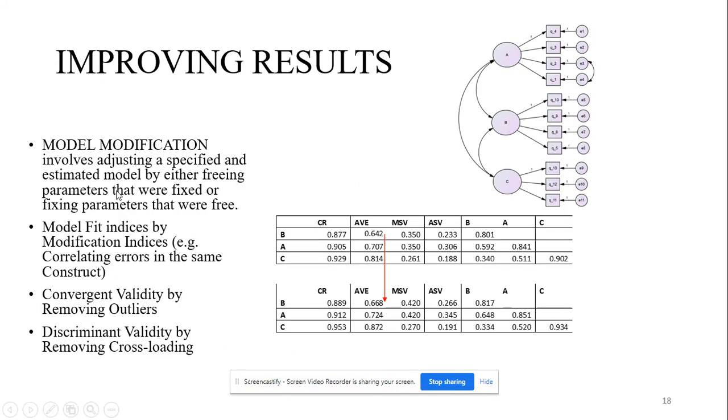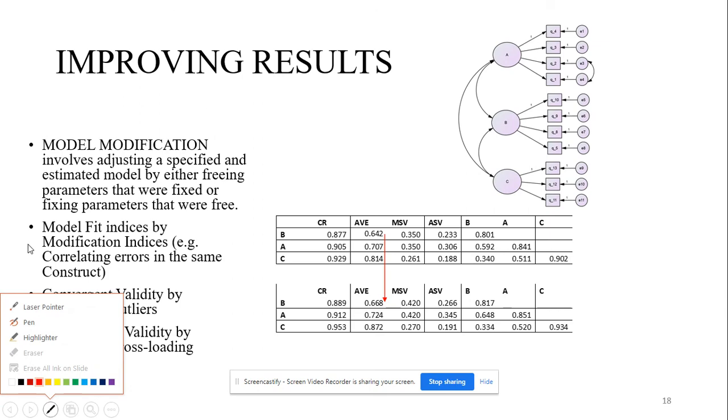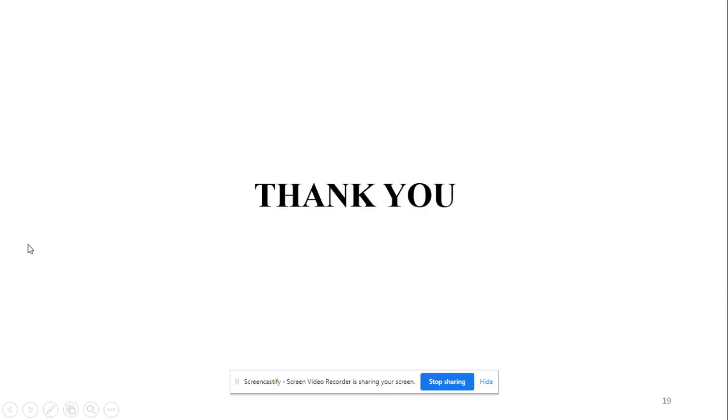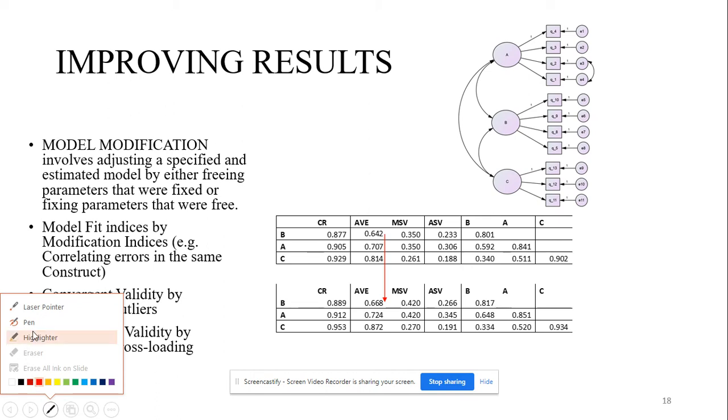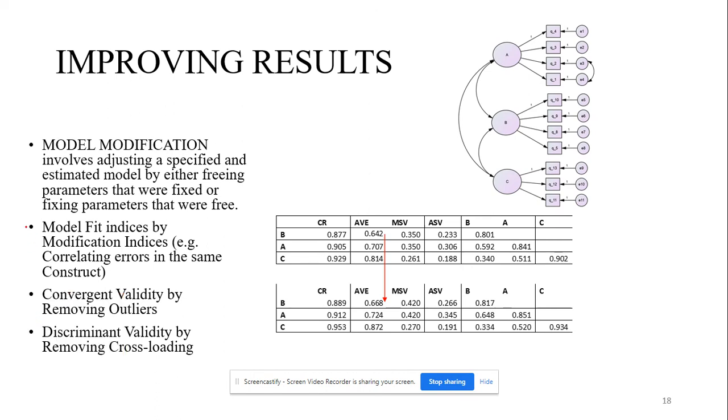Normally when we want to improve the results, the first thing we always try is using the modification indices. One thing we can do is correlate the errors.